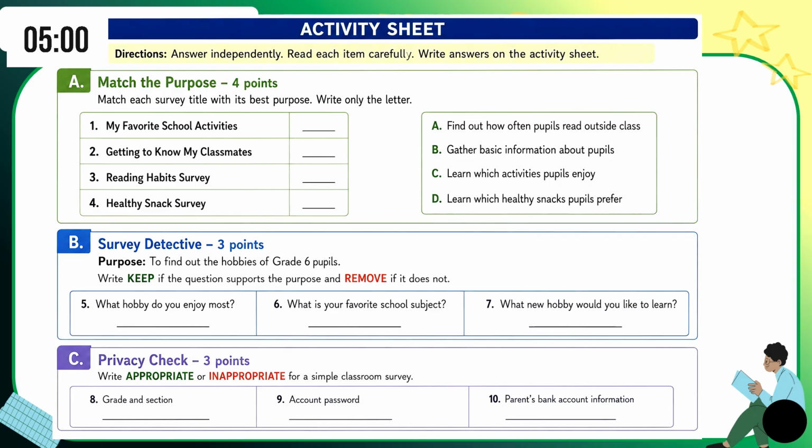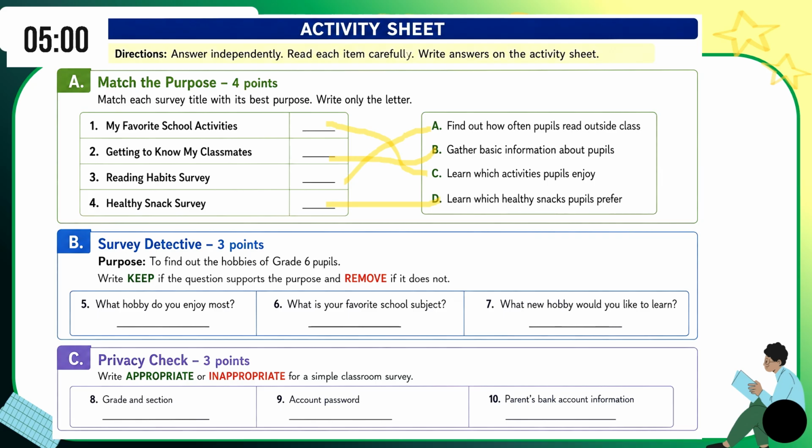Okay, so let's answer. Answer number 1 is letter C. Answer number 2 is letter B. And then answer number 3 is letter A. And then answer number 4 is letter D. Okay, so did you get it?